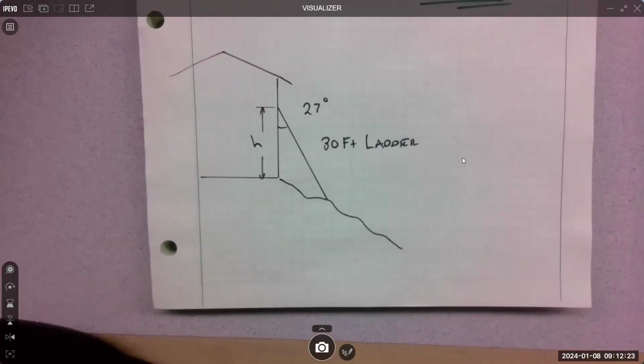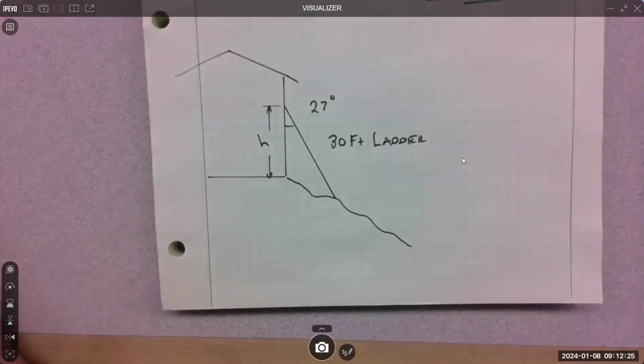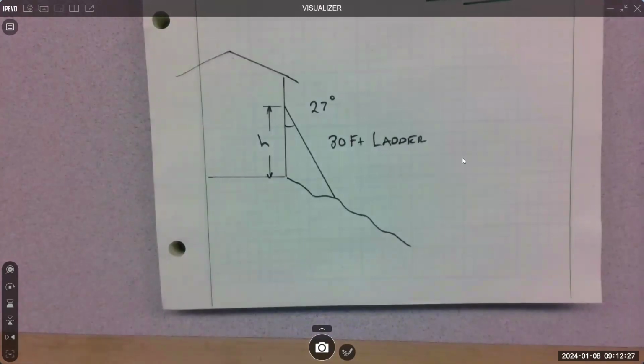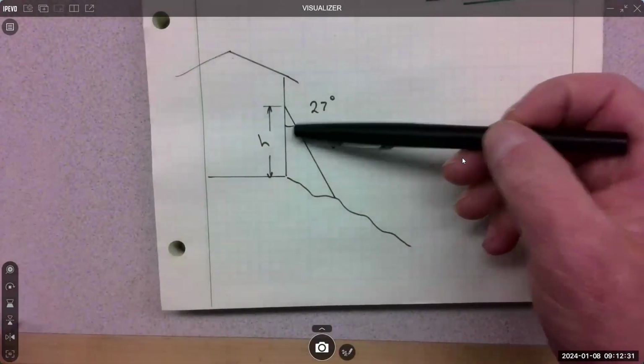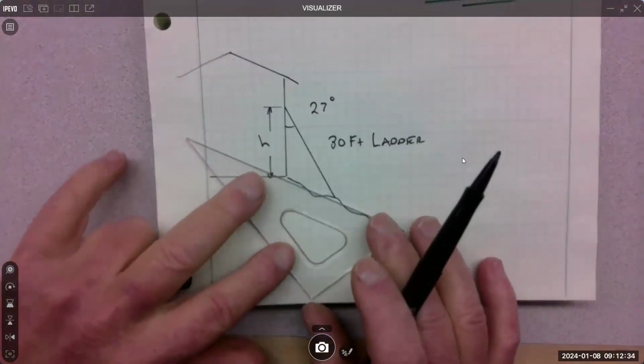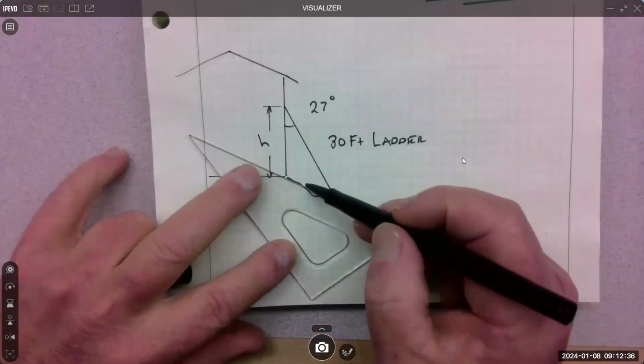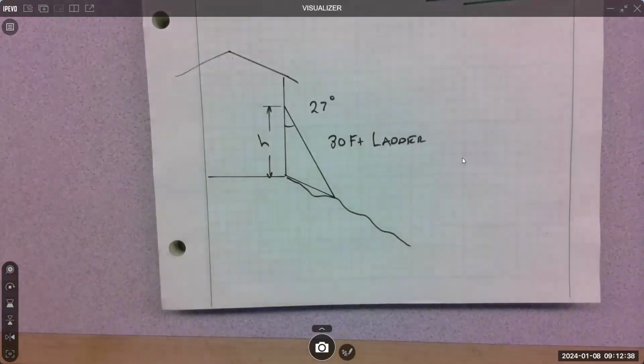Let's look at this problem. 30-foot ladder, we have 27 degrees up here, and then we have some kind of irregular ground, which I'm gonna go ahead and just put the rest of the triangle in, right? What kind of a triangle is this?